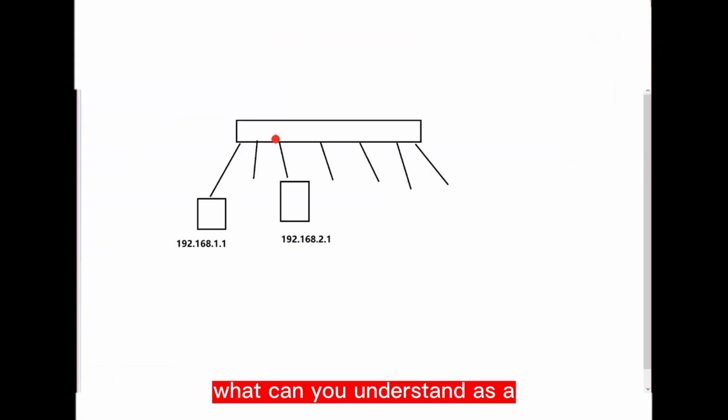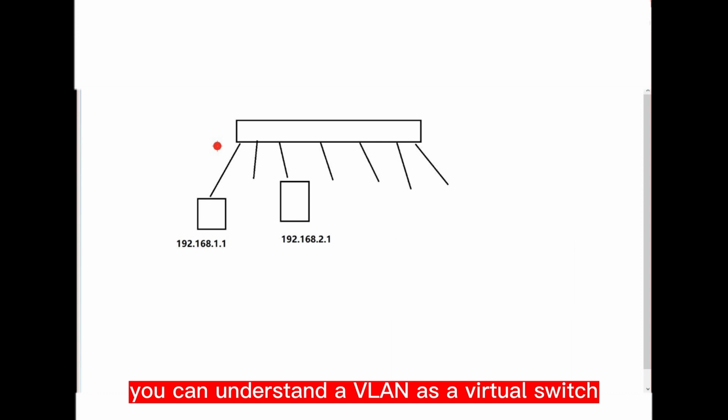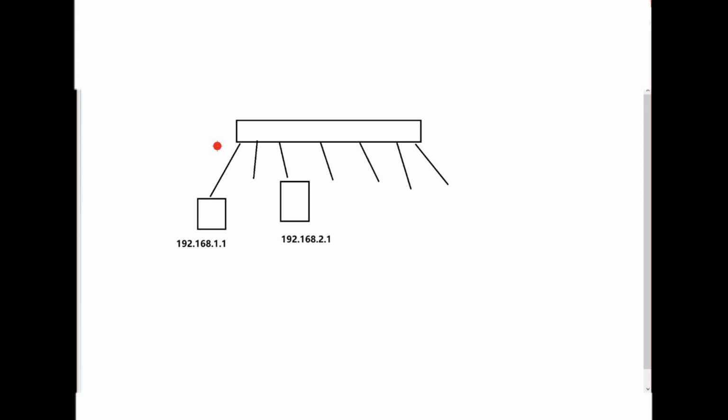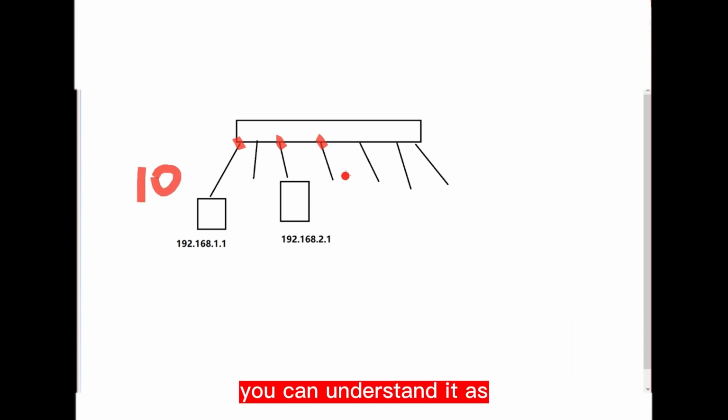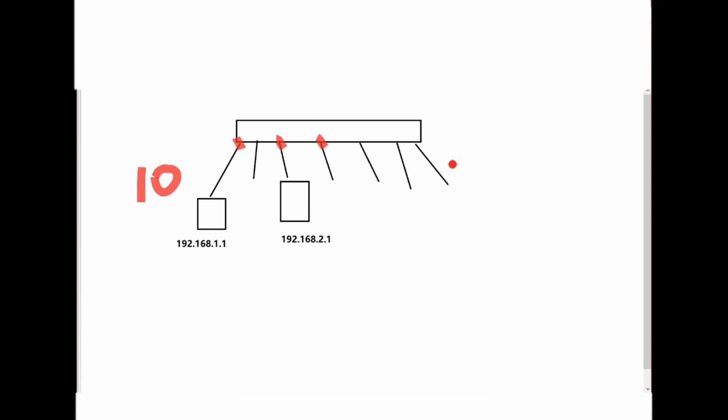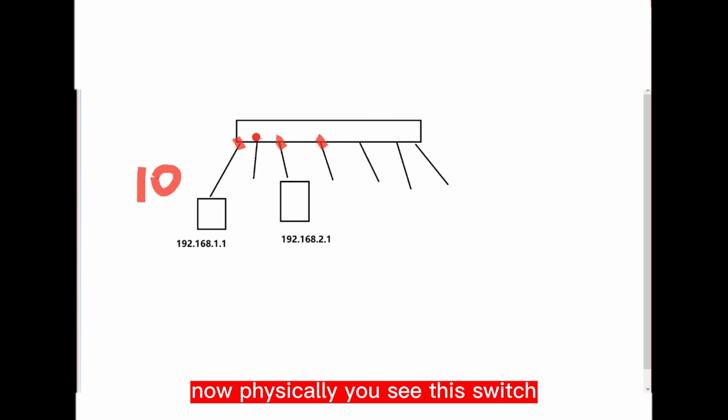Okay. What can you understand as a virtual local area network? I configured VLAN on this device. You can understand a VLAN as a virtual switch. I configured a VLAN 10 on these few interfaces. Now physically you see this switch, it's like cutting it in the middle.